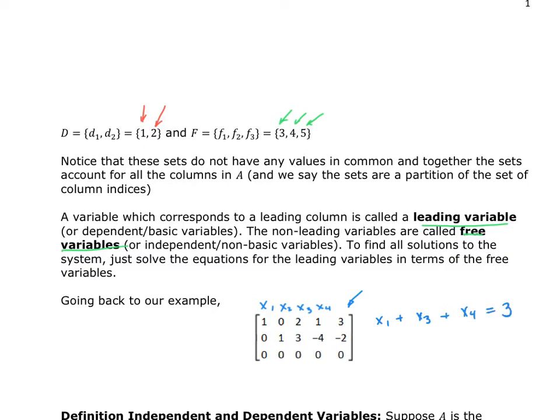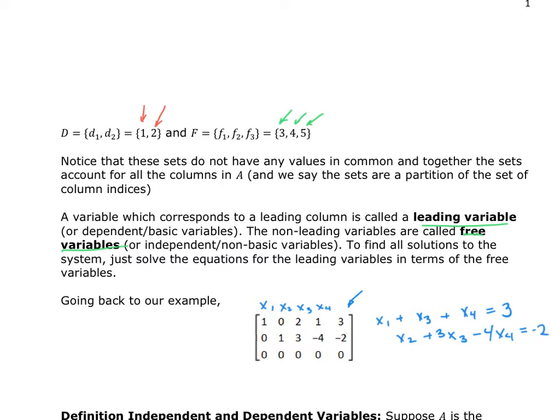And then from the second row, I'm going to get x sub 2 plus 3 x sub 3 minus 4 x sub 4 is equal to negative 2. And what we know is our free variables are x sub 3 and x sub 4.